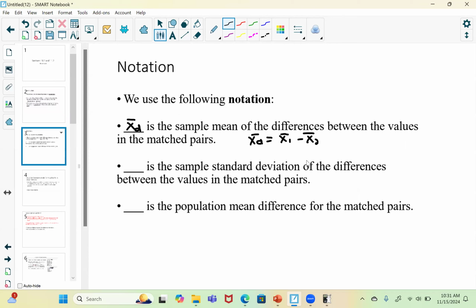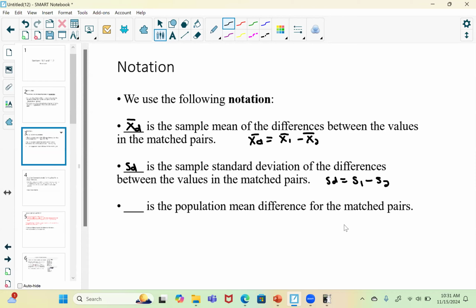It's the difference in the two means. And when we talk about the difference in the sample standard deviations, we use SD, and that is the sample standard deviation of the differences. Again, what it represents is really S1 minus S2.